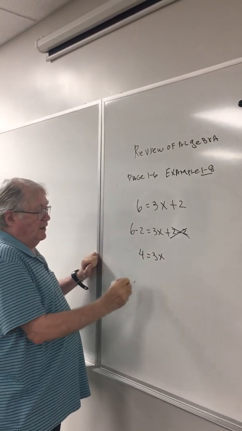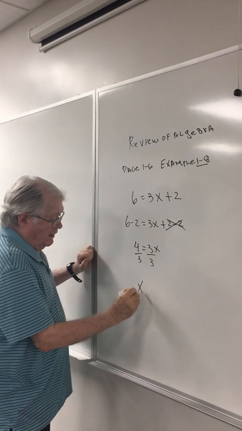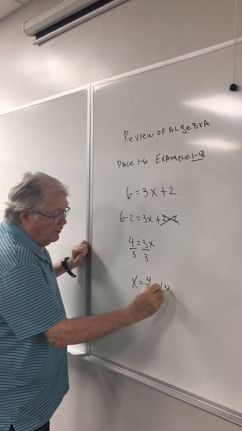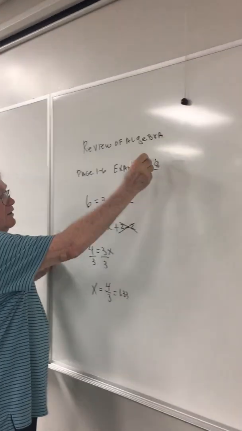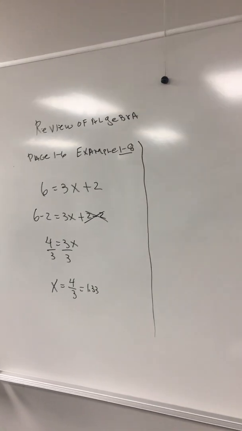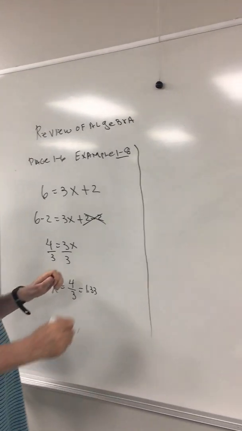And then we divide both sides by 3, and x is equal to 4/3, or 1.33. And that's that problem. Now actually, that should be very easy for you if you had the algebra.